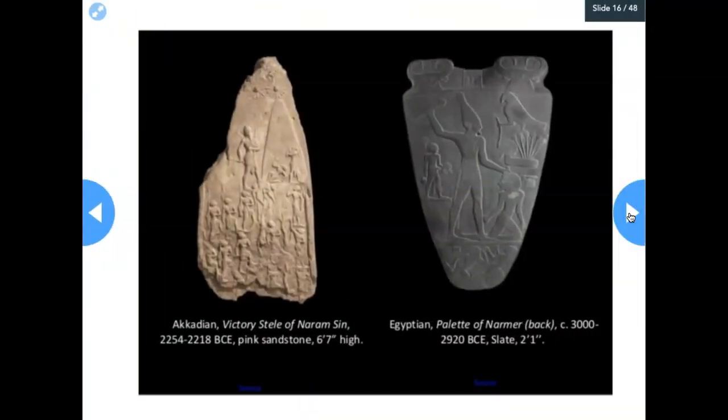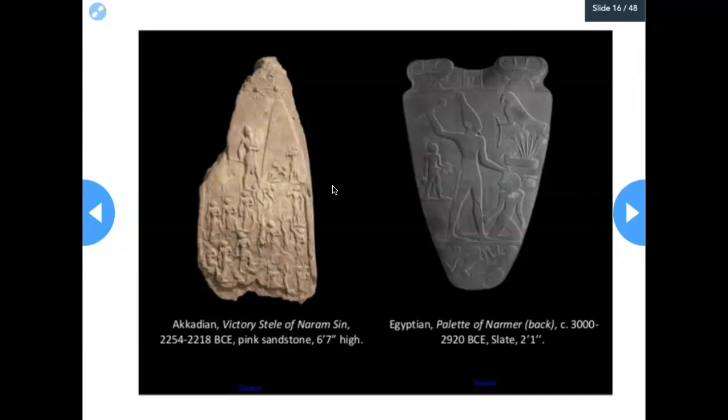I didn't make you a video for ancient Near Eastern art, but you hopefully learned about the victory stele of Naram Sin on your own, and you can see that here on the left. And it's very interesting, I think, to compare these two works of art. Remember, the Egyptians and the Mesopotamians, the ancient Near Eastern people, definitely had contact.